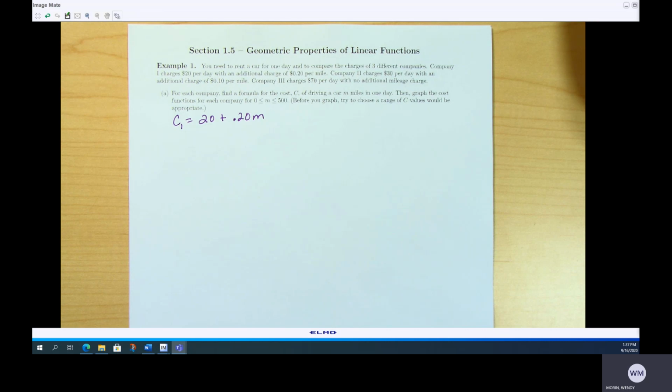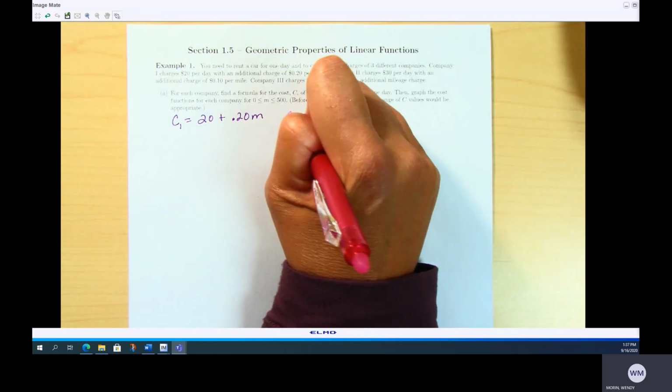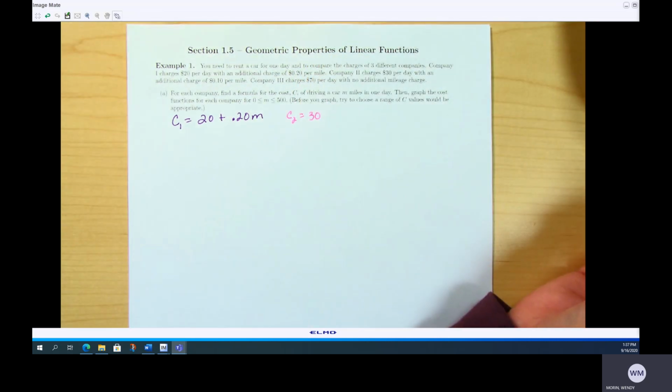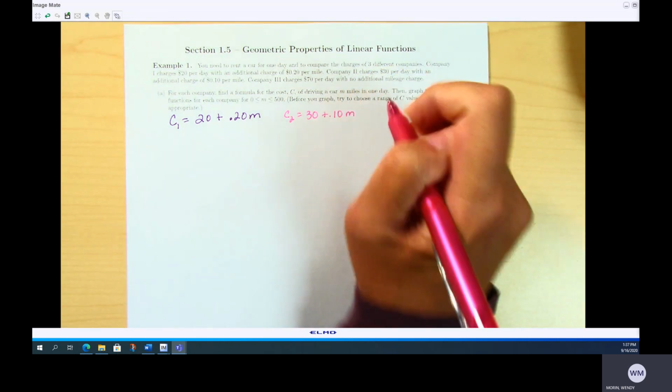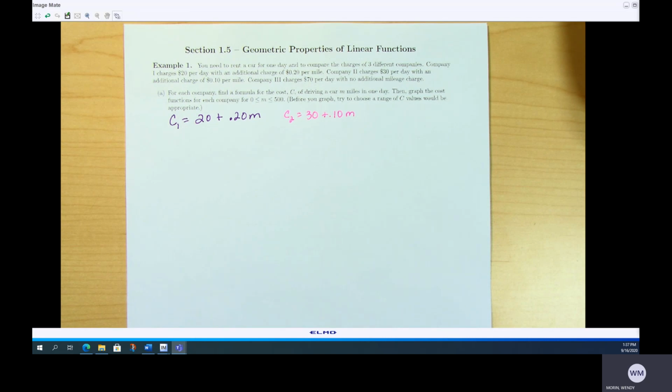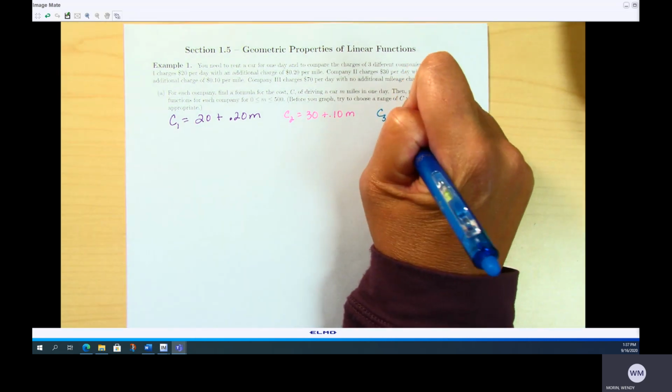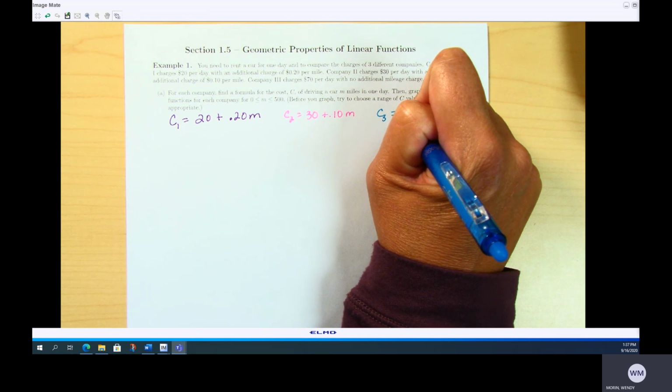Company 2 charges $30 per day with an additional charge of 10 cents per mile. And then Company 3 has a flat rate of $70.